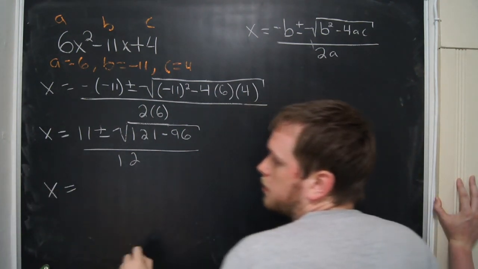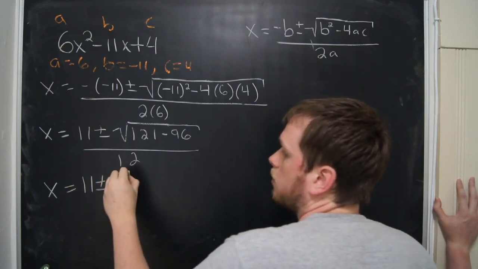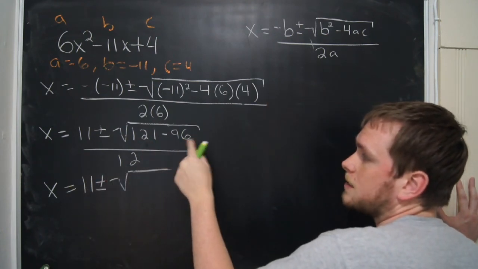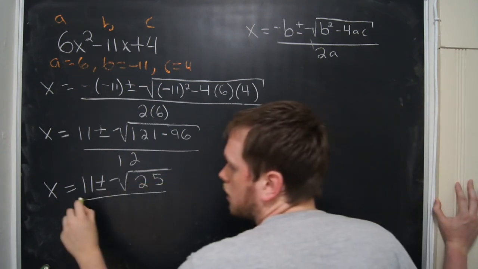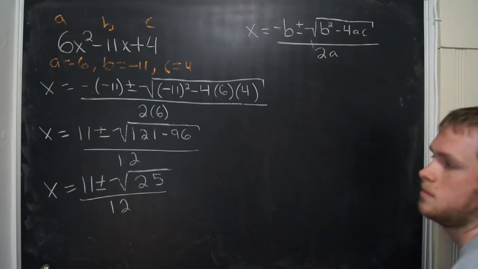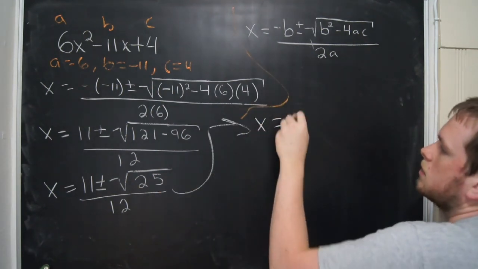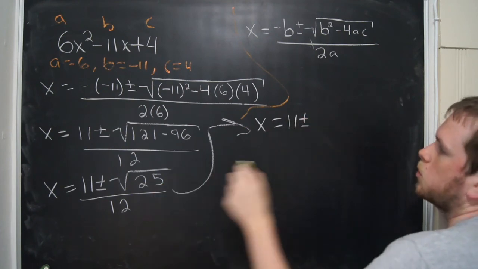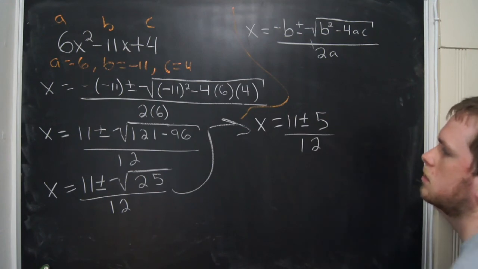Okay, so our next step from here, I'm just going to keep going. So I have 11 plus or minus the square root of 121 minus 96. Well, that's 25. And this is still over 12. So x is equal to 11 plus or minus square root of 25 is 5 over 12.